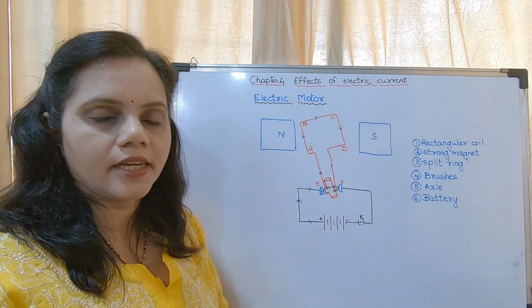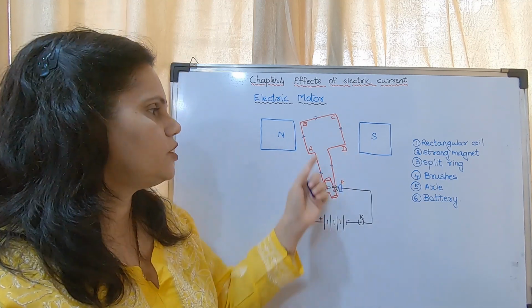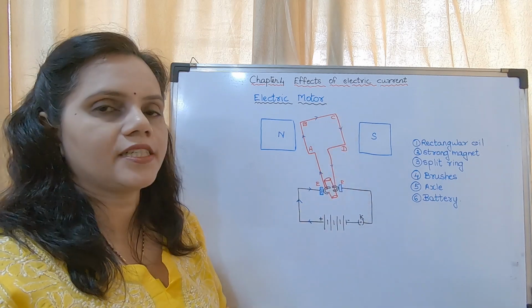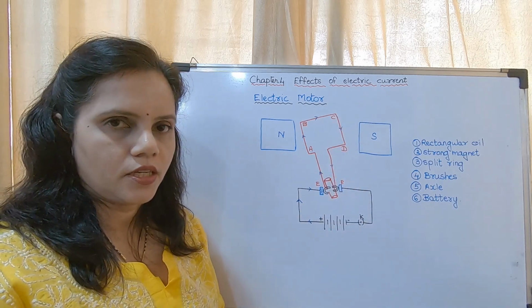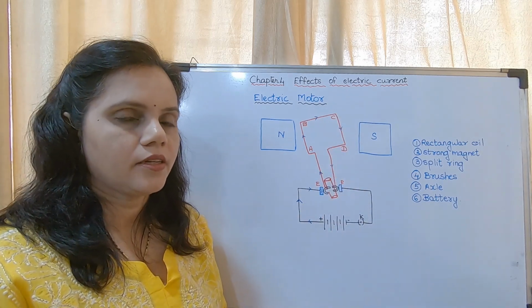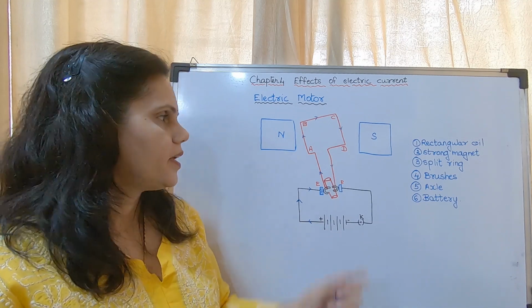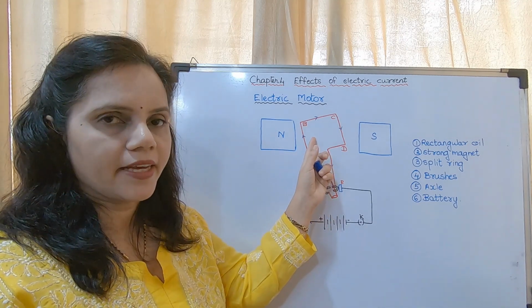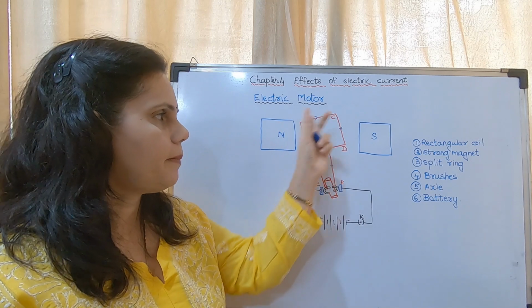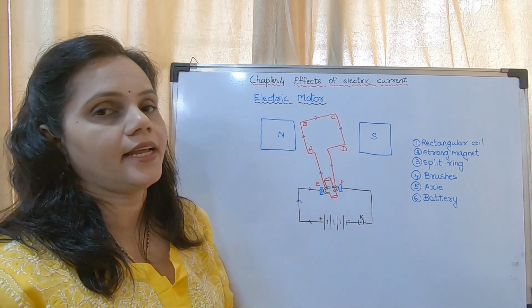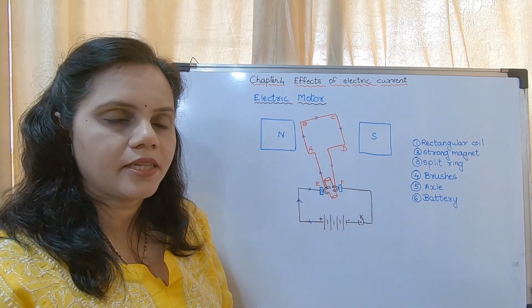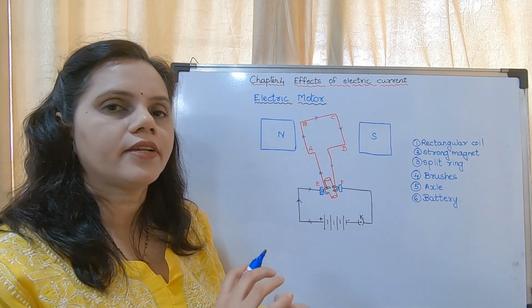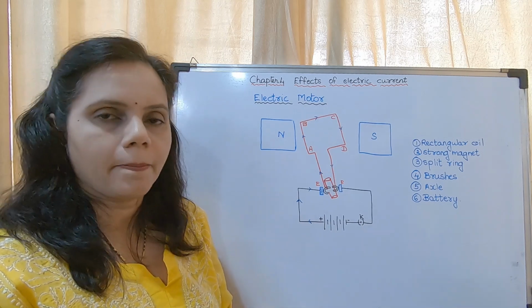There is a magnetic field already, due to which this coil will experience force. So in the first experiment we studied that if a current carrying conductor is kept in a magnetic field, then it will change its position.